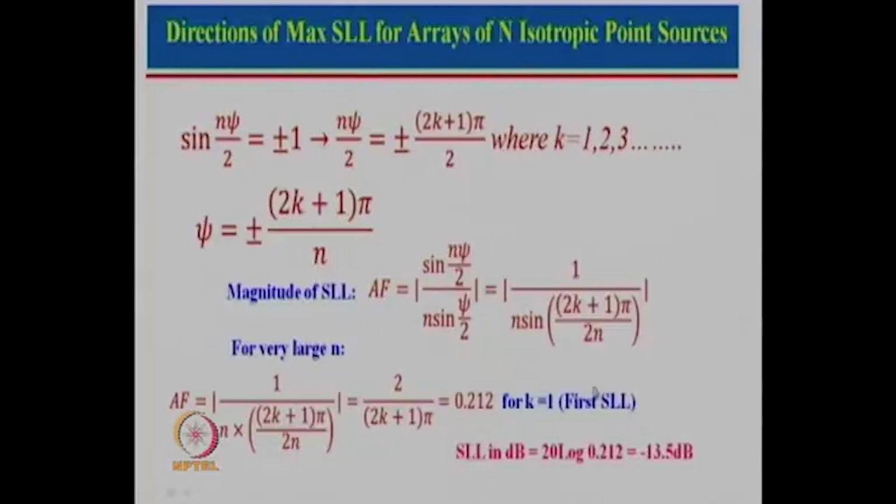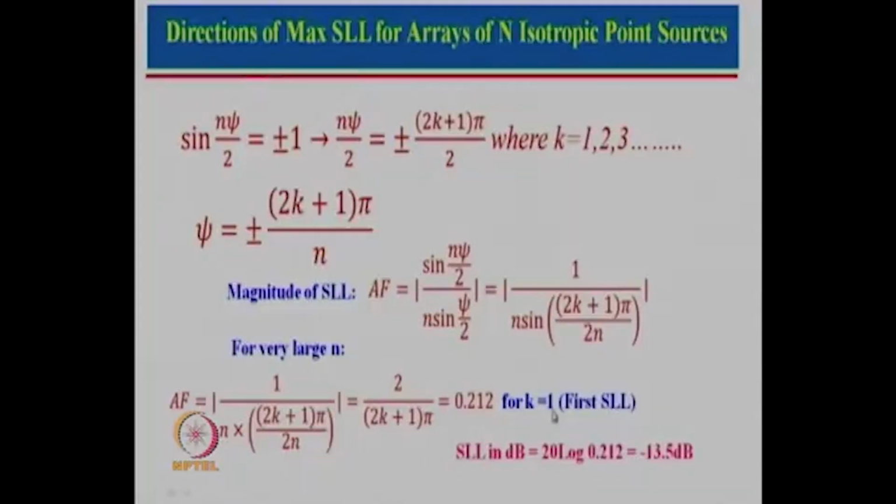And from here we can make one more approximation, that is if n is large. So for very large n we can say sin x will become x. So we make this x over here, multiply this here, so n will get cancelled, that is the array factor for large n. In fact this gives us the value of side lobe level for different values of k.